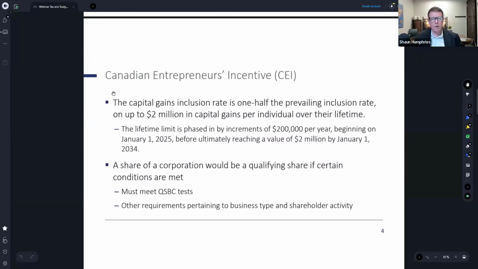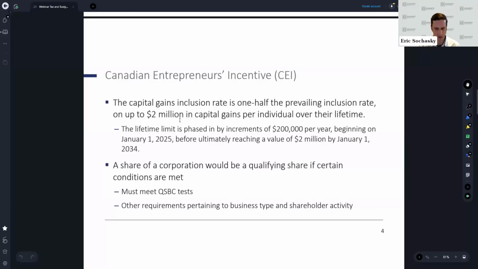Now you had made some comments to me before this presentation on the Canadian Entrepreneurs' Incentive piece. Any comments on that? Yeah, this is kind of an interesting new proposal from the budget. The Canadian Entrepreneurs' Incentive is for anything that qualifies. The capital gains inclusion rate on that income is one half the prevailing inclusion rate, up to $2 million in capital gains per individual over their lifetime.